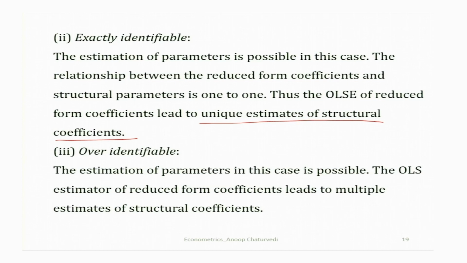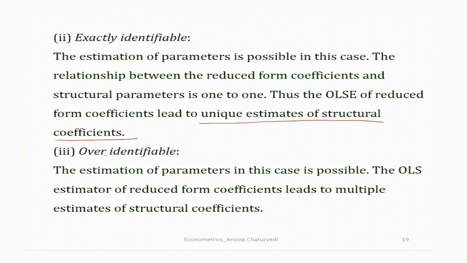There is a 1:1 correspondence between structural parameters and reduced form coefficients, and this has an advantage. You get unique solutions for structural parameters in terms of reduced form coefficients, and then if you estimate the reduced form coefficients, you get unique estimates for the structural parameters.